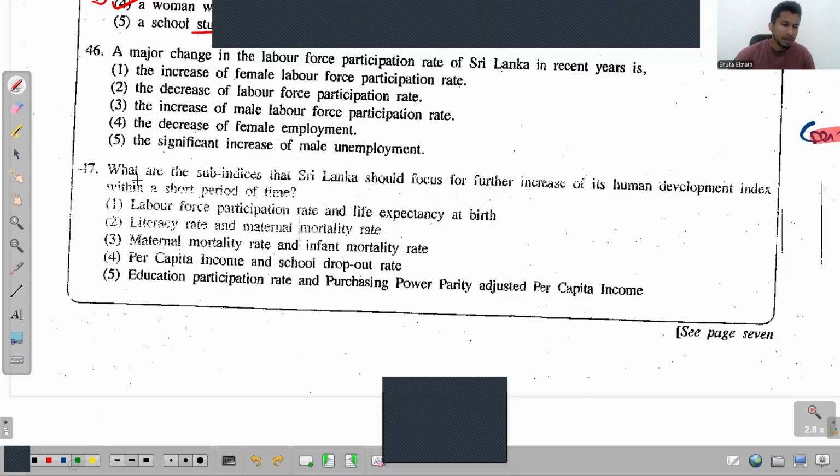It says, what are the sub-indices that Sri Lanka should focus for further increase of its human development index within a short period of time? All right, so they are asking us to recognize the sub-indices. So these are the indicators, not the main indices. The sub-indices are the indicators. So let me show you the note. Look at this one.